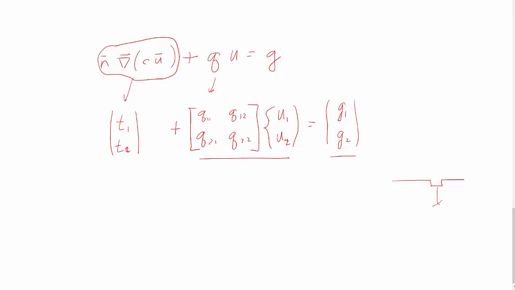We essentially want this to be a spring, so when the displacement comes down a certain amount, namely U2 is equal to some number, the force responding to it would be in this direction, and that force, or the traction 2, would be some spring constant times U2.